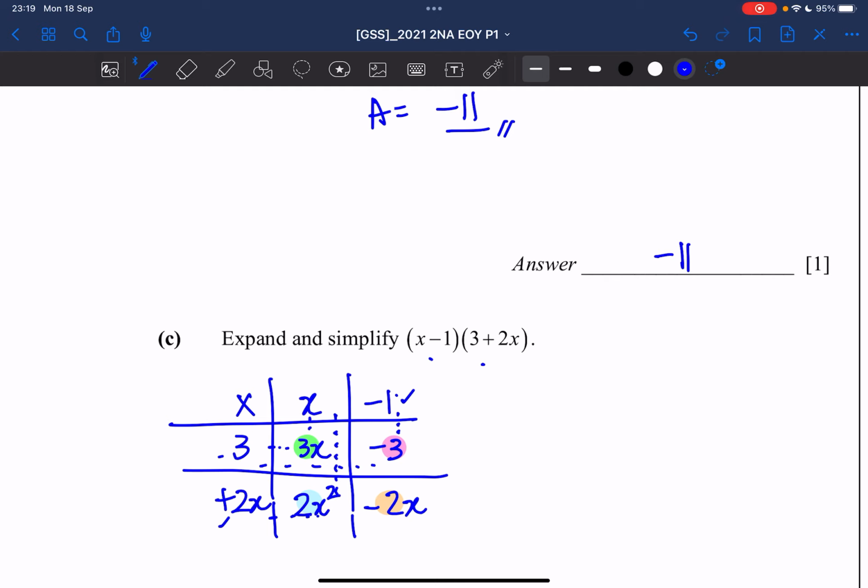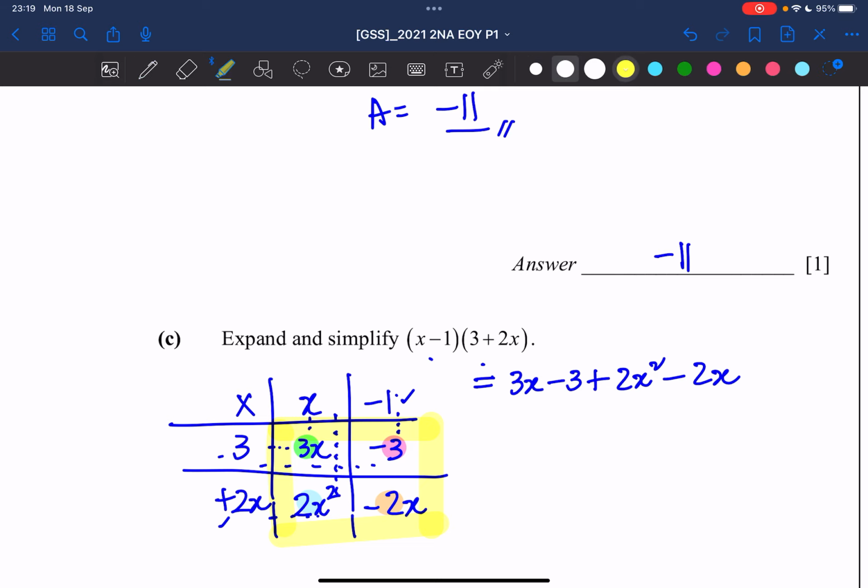Then you notice that there are these 4 terms in the cells here. So we write these 4 terms as a continuation of our working. So it's 3x minus 3 plus 2x squared minus 2x.